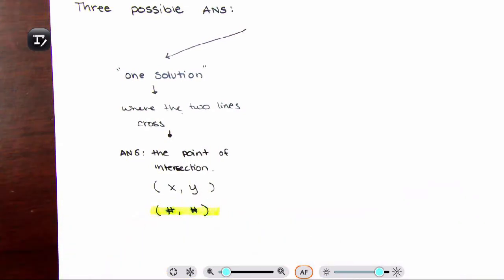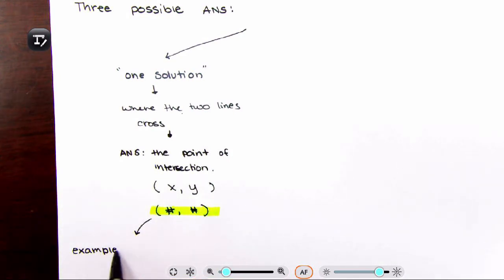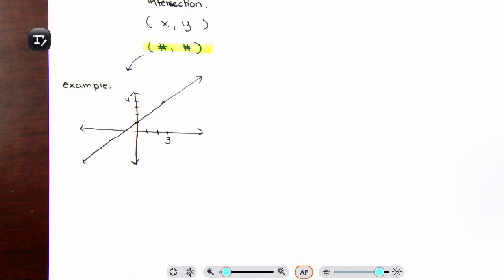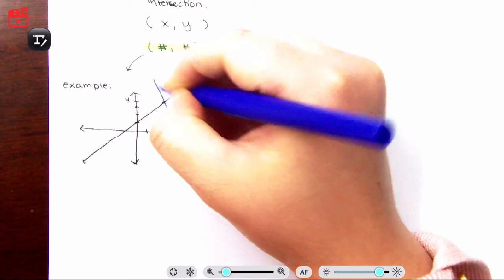Let's do an example. So let's say we have a line here, and we have a secondary line here.